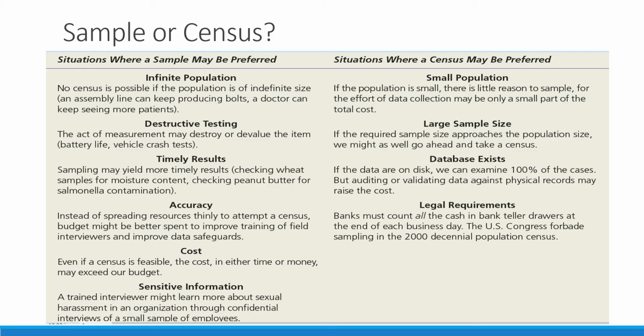Okay, so what are the situations where the sample looks to be a good choice for the researcher to start with? If we have an infinite population, if we are talking about Egyptian citizens, we are talking about a population that contains around 100 million people, and we want to know their opinion on some regulation or their level of happiness.